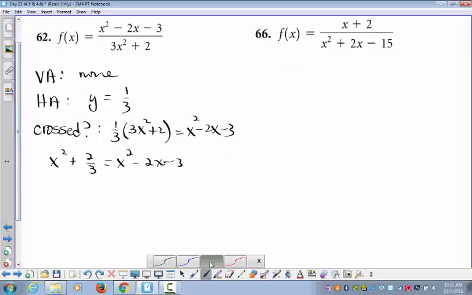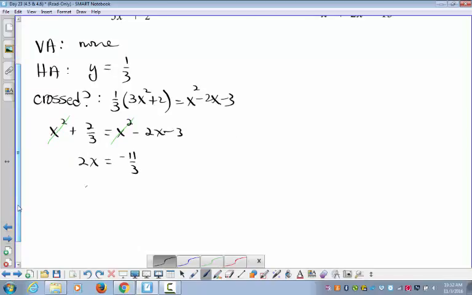So we do have a solution here. I'm going to add the 2x to the left, subtract the 2/3. So we're going to have minus 9/3 minus 2/3, which is minus 11/3. So here, x is equal to negative 11 over 6.